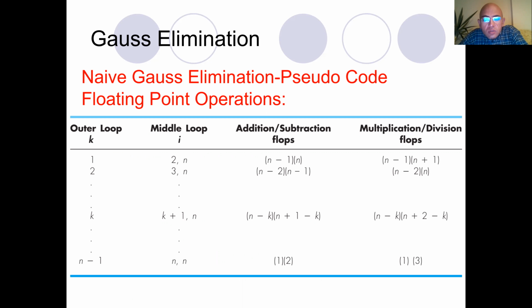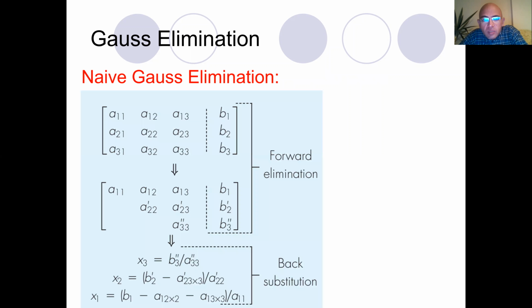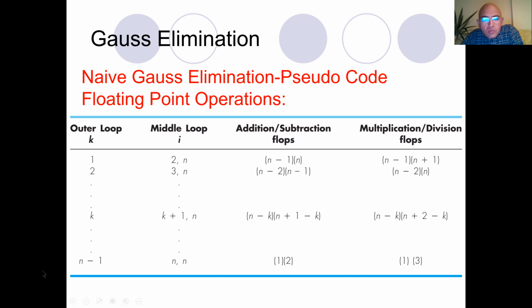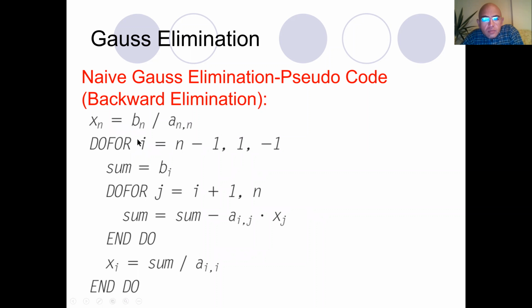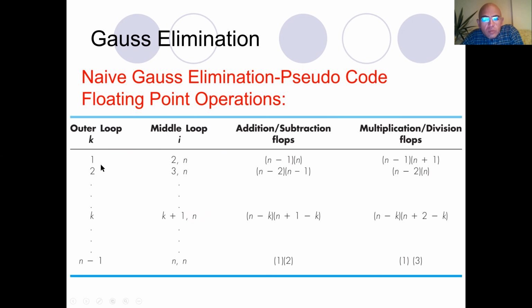So all of these operations consume memory and take time, CPU time, and CPU time is quite critical, especially if you deal with large problems. This is why we need these counts. So the outer loop k, for example, in the forward elimination, n minus 1. In the middle loop, in the first outer loop, you go from 2 to n.